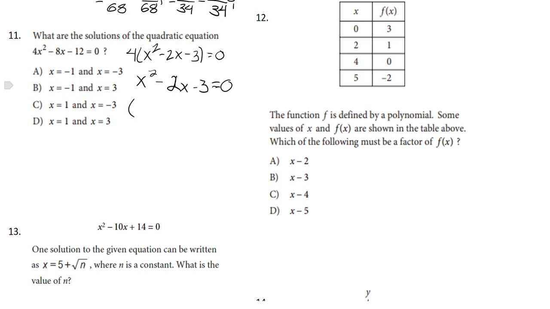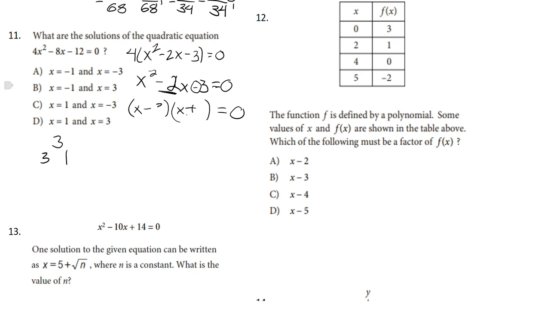Next, we're going to create two sets of parentheses. We're going to write x first for both. We drop the first sign, and we ask ourselves, a negative times what gives us another negative? A negative times a positive is a negative. Next, we're going to find factors of 3 that subtract to make 2. 3 and 1, when you subtract them, they give you 2.